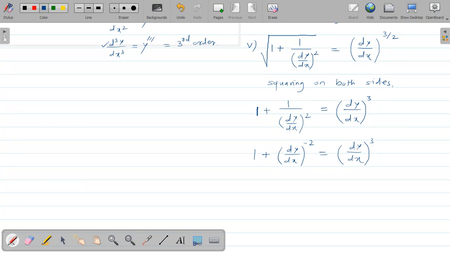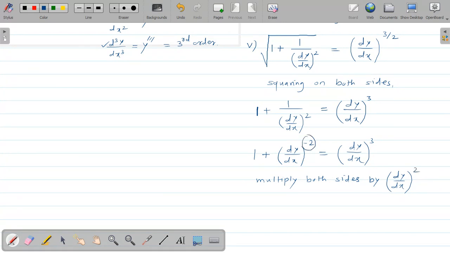If you multiply both sides by dy by dx raised to 2, so that negative index will get cancelled.